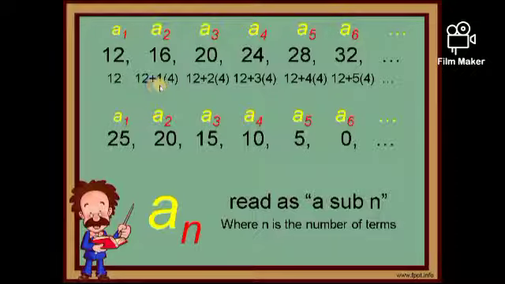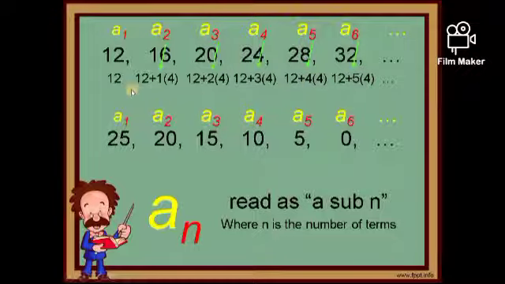Now, what is this 1, 2, 3, 4, and 5? Notice that in the second term, this is 1. Third term, this is 2. Fourth term, this is 3. Fifth term, this is 4. Sixth term, this is 5. So the number that is multiplied by the common difference is 1 less than the number of terms.